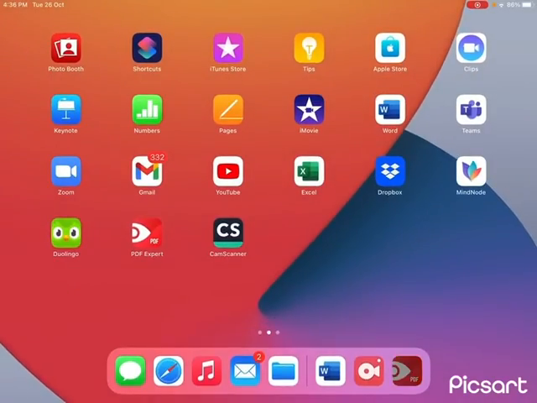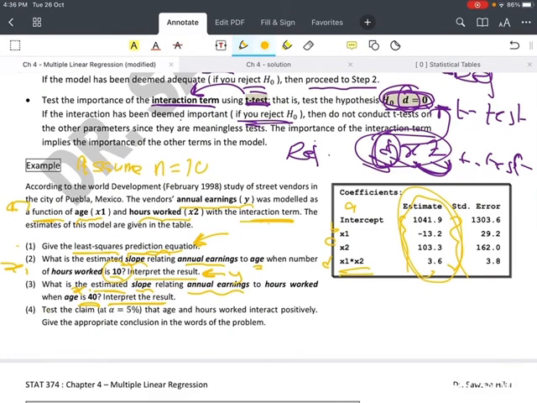Question 4. Test the claim at alpha equal 0.05 that age and hours worked interact positively. Give the appropriate conclusion in the words of the problem. So I need to give an interpretation. How will you do this?